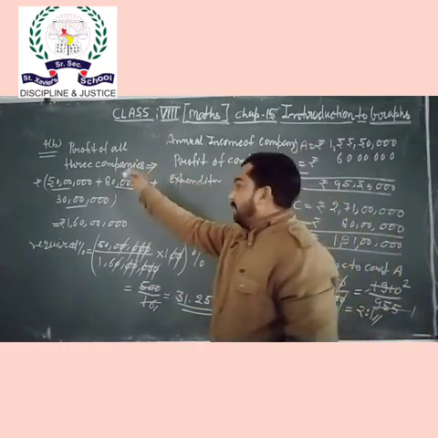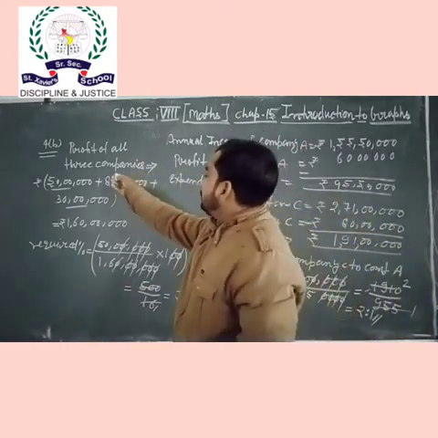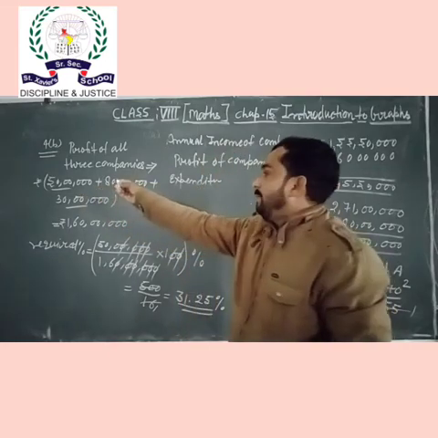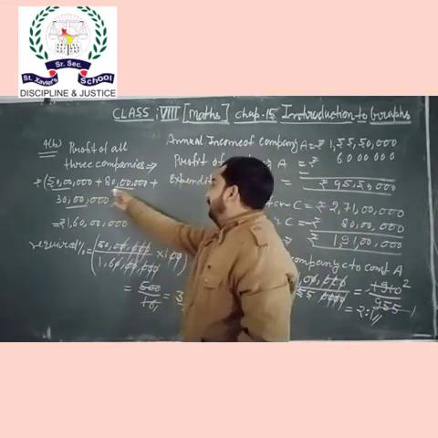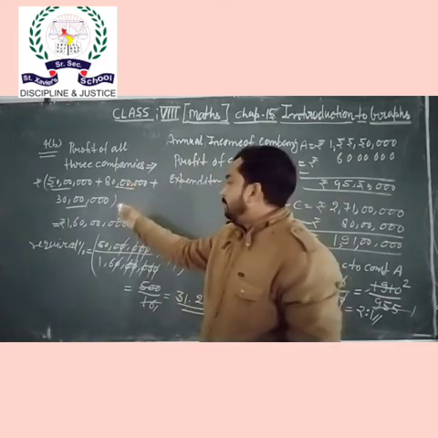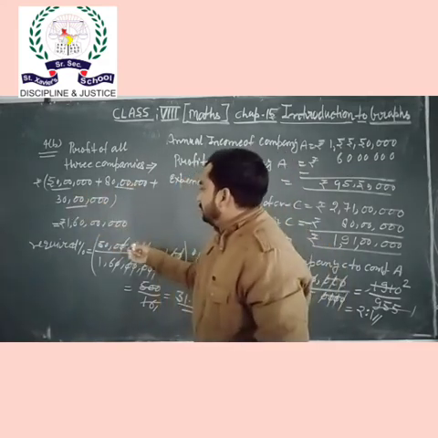First we have to find the profit of all three companies. Profit of company A 50 lakh, company B 80 lakh, company C 30 lakh, then add.